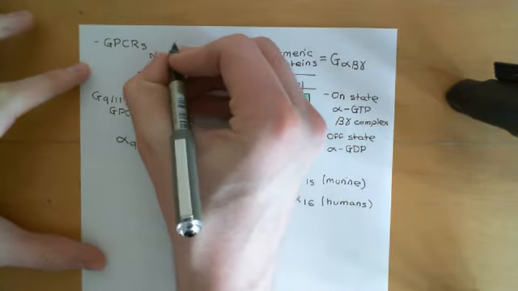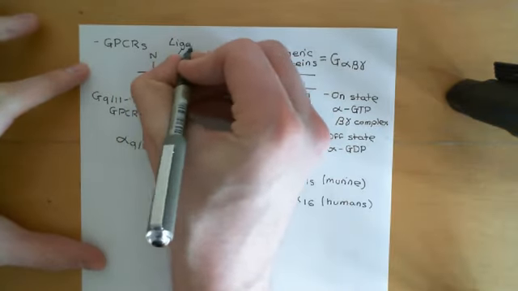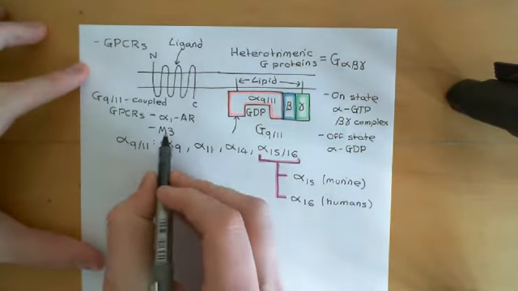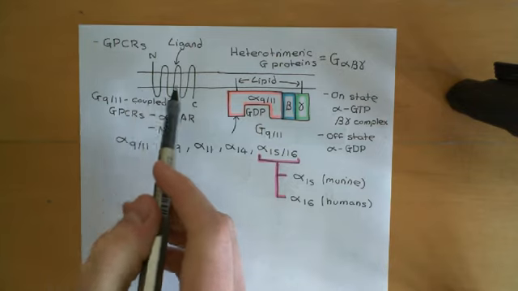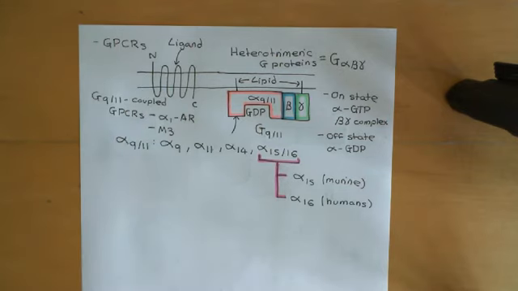Okay, right, now what happens then is that when the G protein coupled receptor binds its ligand, okay, and in the case of the alpha-1 adrenoreceptor that will be noradrenaline, in the case of the M3 muscarinic acetylcholine receptor that will be acetylcholine, the G protein coupled receptor will change its conformation, which will produce this change in conformation on the intracellular aspect.